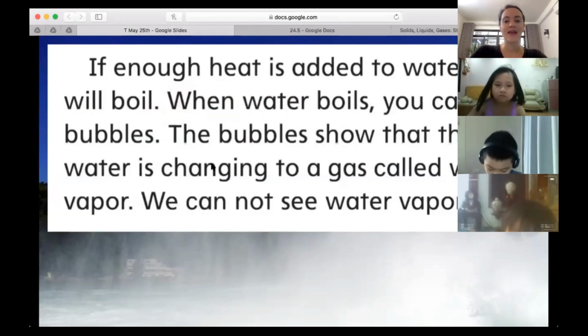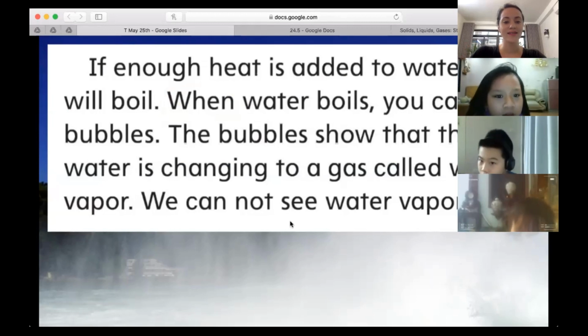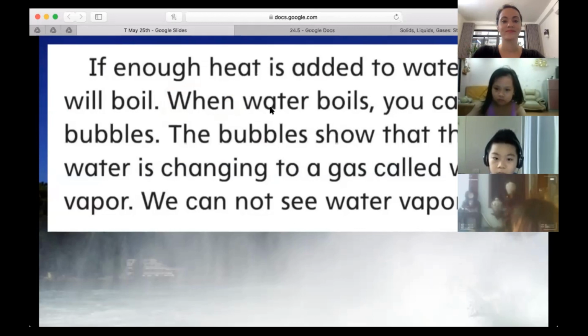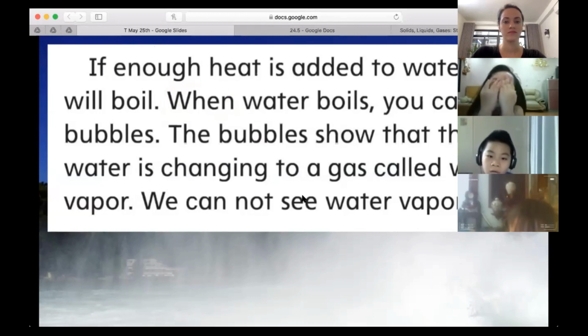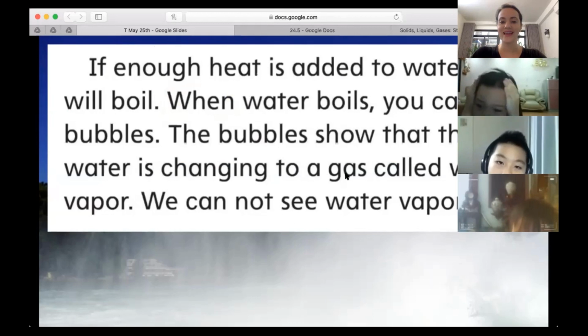Okay, let's see. First two sentences. Let's hear from Milky. If any heat is added to water, it will boil. When water boils, you can see bubbles. Excellent. You've all seen boiling water before.